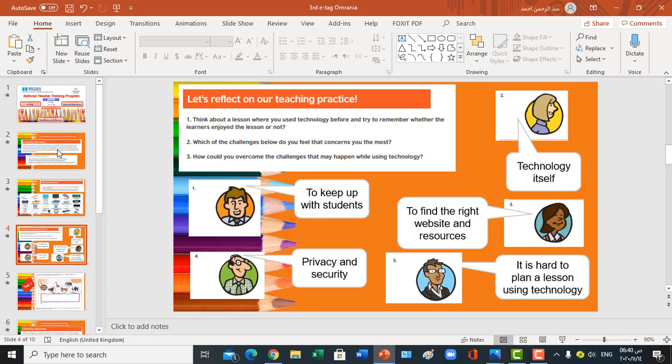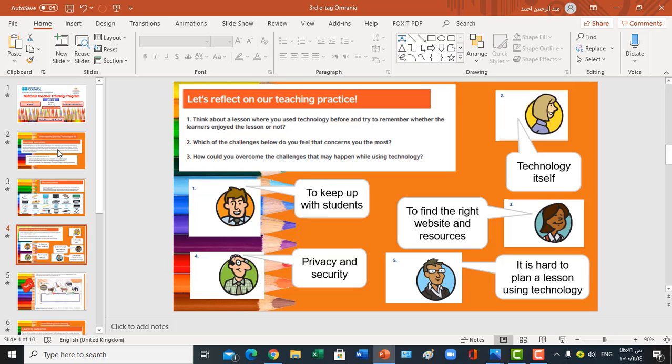Teacher number two said technology itself. Because I may have a bad connection to the internet, I may not have some technological devices in my school, like a suitable number of computers. Here in our schools, we face this problem.